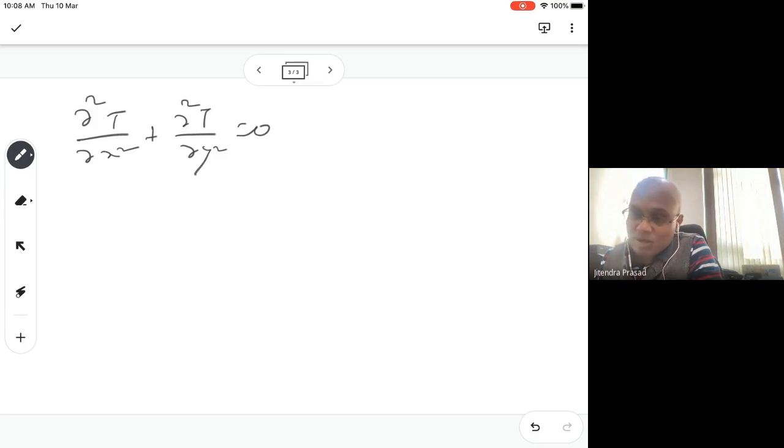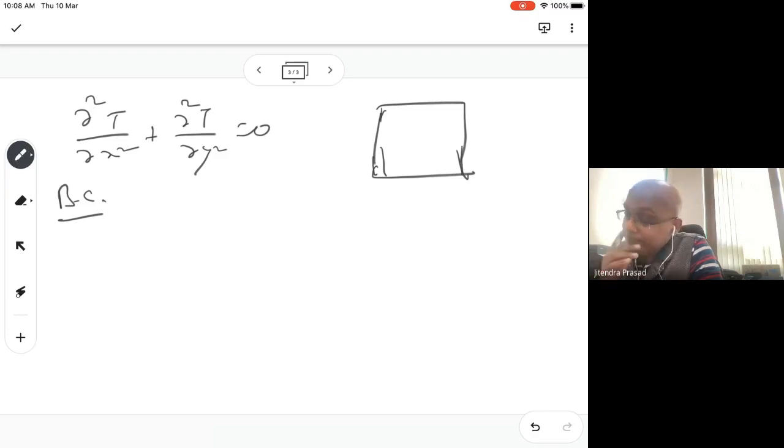If you want to solve this, whenever an equation is given, there has to be some boundary condition given. So let us say it is something like this. Boundary condition: say you have the x direction this way and y this way.